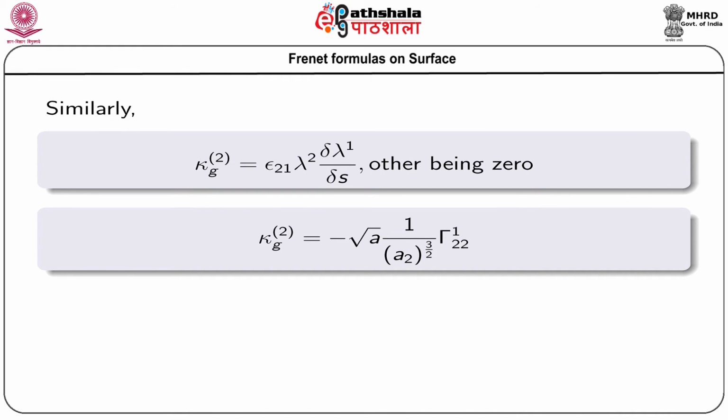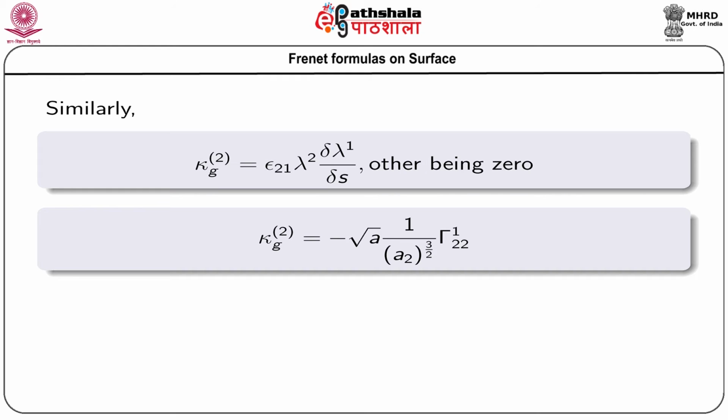Similarly, for the U2 curves, the geodesic curvature kappa g 2, that means for U2 curves, we have epsilon 2 1 lambda 2 del lambda 1 del s, and the others will be 0.